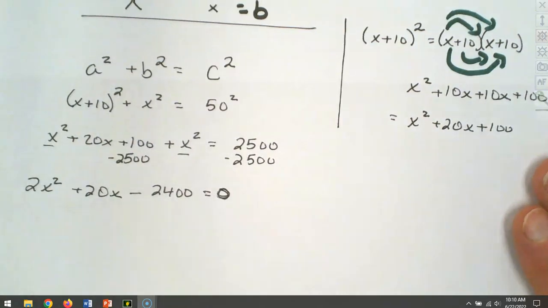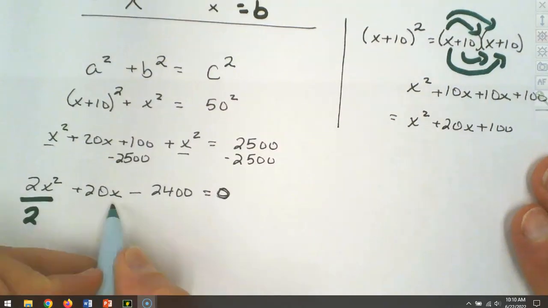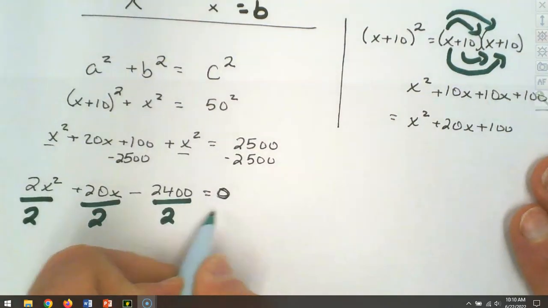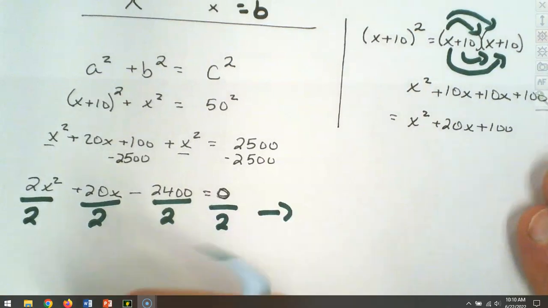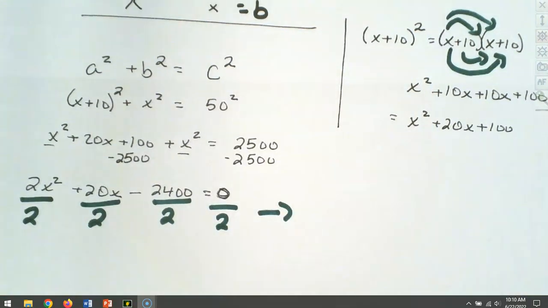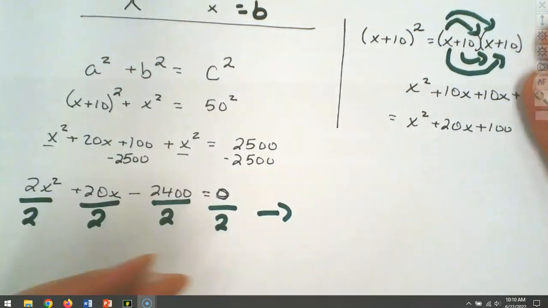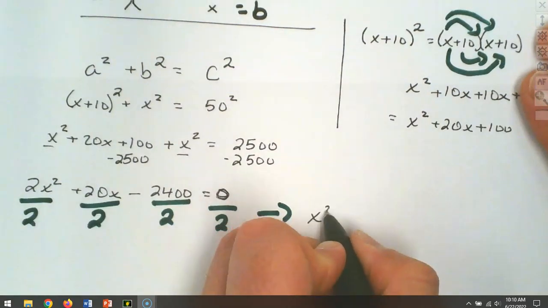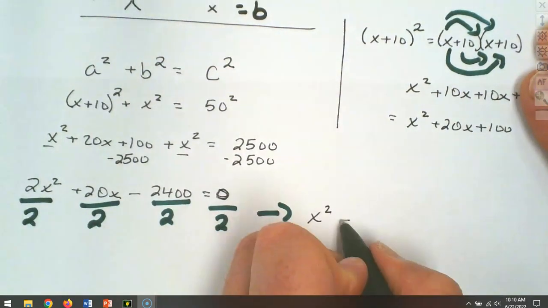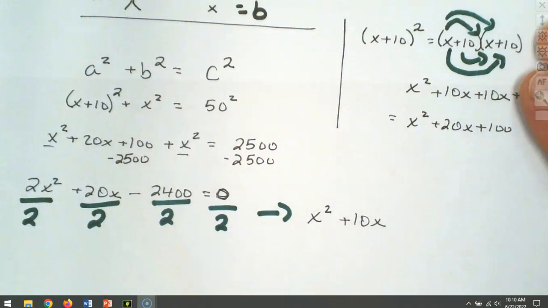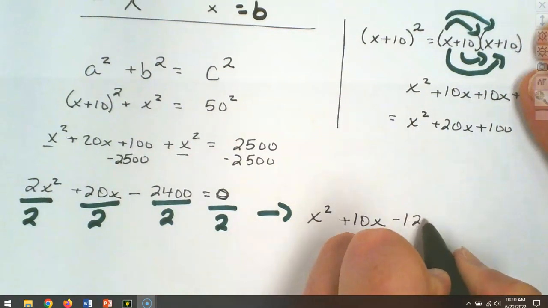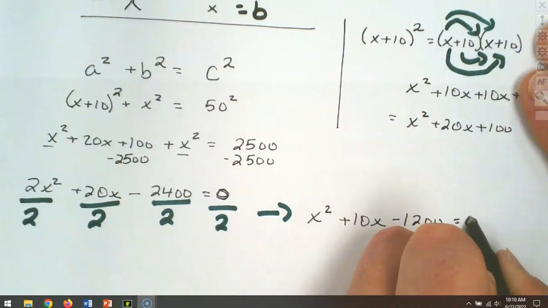This one has 2, so divide everything by a 2. That is going to make it substantially easier to work with. And now we've got x squared, we've got 10x, and we've got a minus 1,200, and that equals 0.